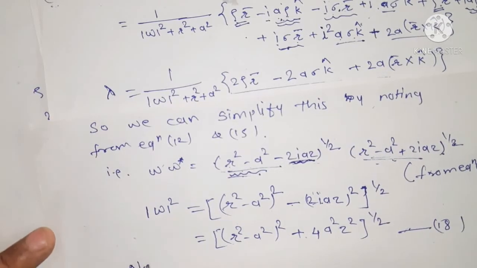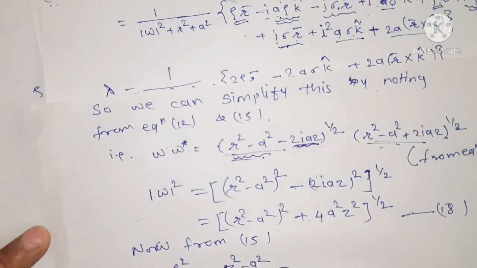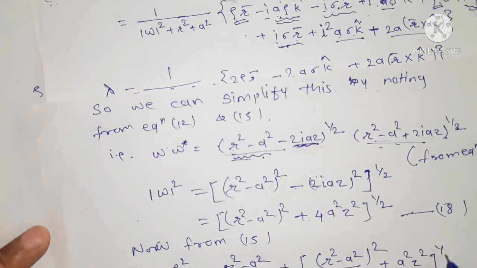Now from equation 15 we solve for rho square. So rho square is equal to r square minus a square upon 2 plus, in a bracket, r square minus a square whole bracket square upon 4 plus a square into z square, whole to the power 1 upon 2.